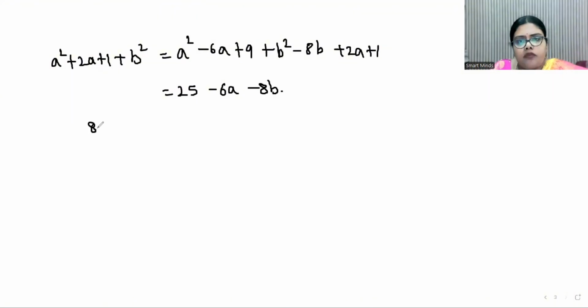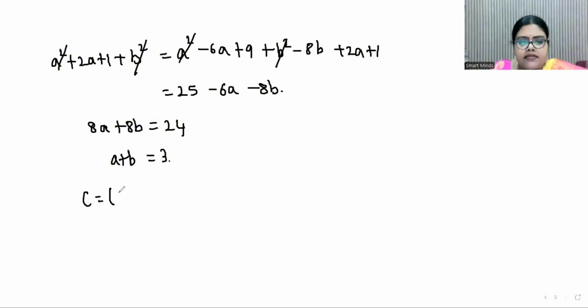So we get 8a plus 8b is equal to 24. Here you can cancel a square, b square, b square. So then you will get this equation. If you take 8 common, you will get a plus b is equal to 3.